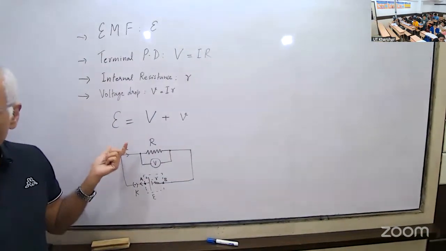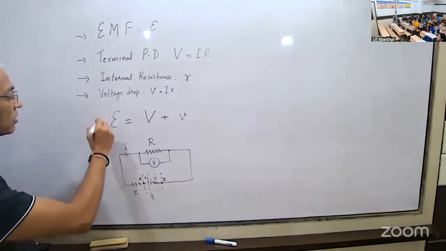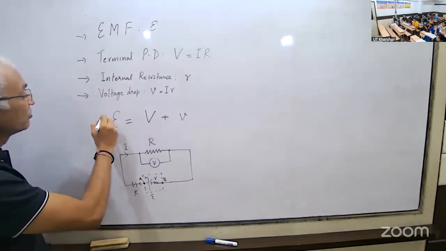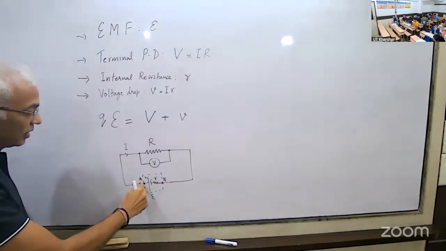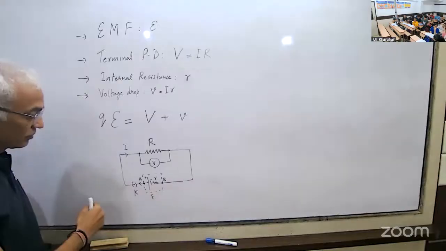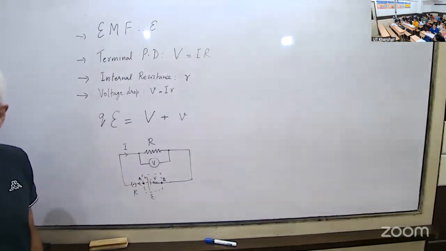So by conservation of energy, total energy. What is the work done by the cell in taking the charge through the full circuit? This circuit is divided into two parts, external and internal.